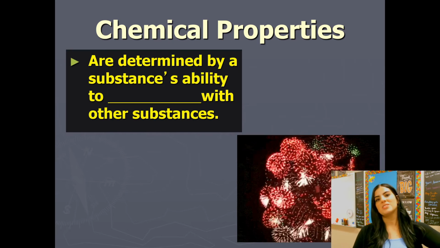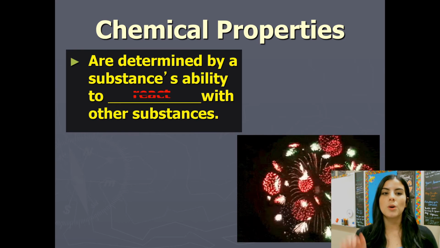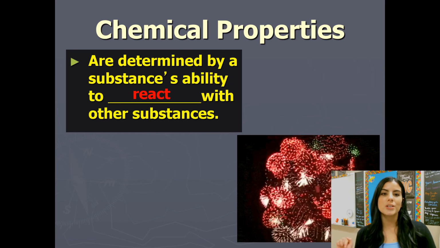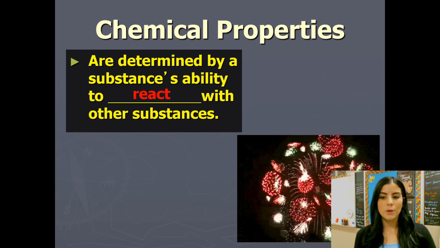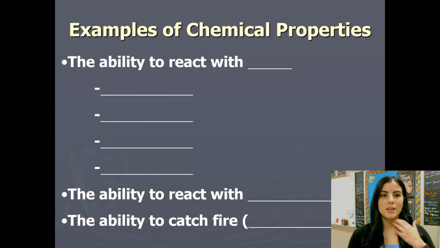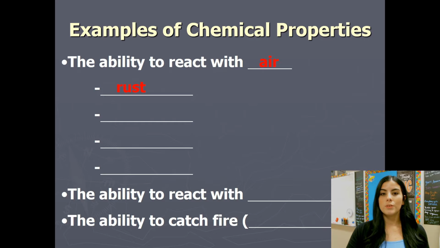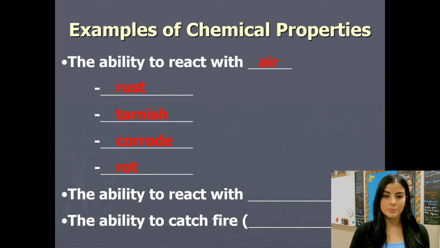Now, chemical properties, the fun stuff, are determined by a substance's ability to react with other substances. So a good example of a chemical property is fireworks. It's a chemical reaction that releases light. So here's some examples. The ability to react with air is rust, to tarnish, to corrode, or to rot.